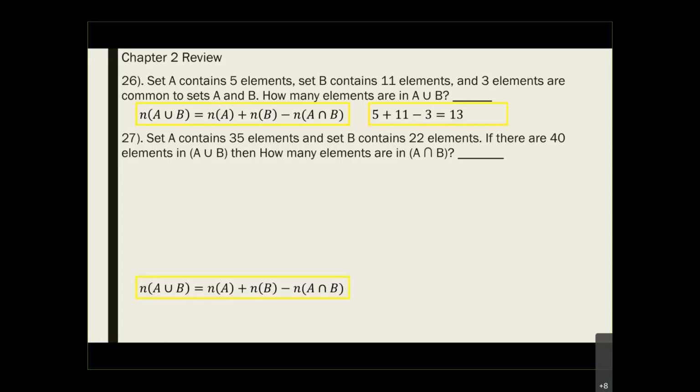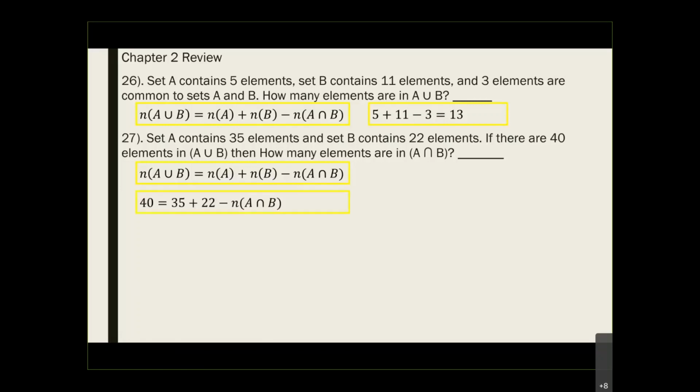The other one we have uses the same formula, but the information they give us is a little bit different. Set A contains 35 elements, set B contains 22 elements. If there are 40 elements in A or B, then how many elements are in A and B? This is the only formula we have. They give us 40 of them in A or B, which is the union, 35 of them in A and 22 in B. So I can just plug into this formula and do my reverse operation.